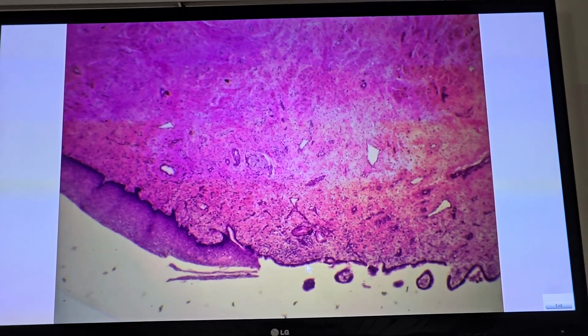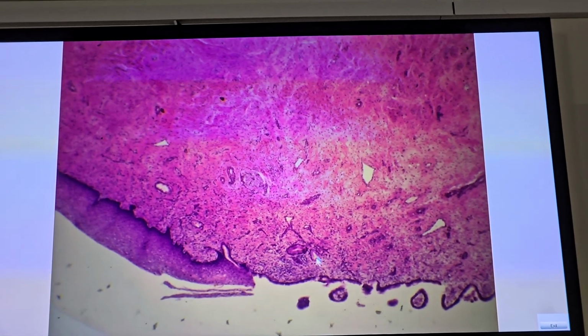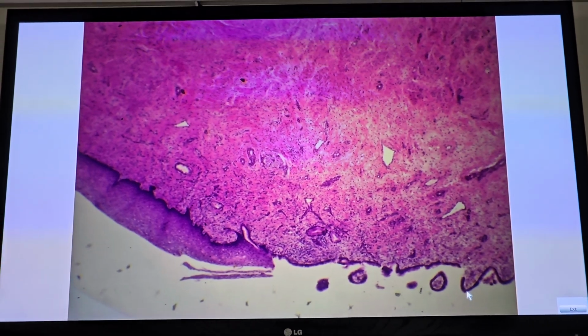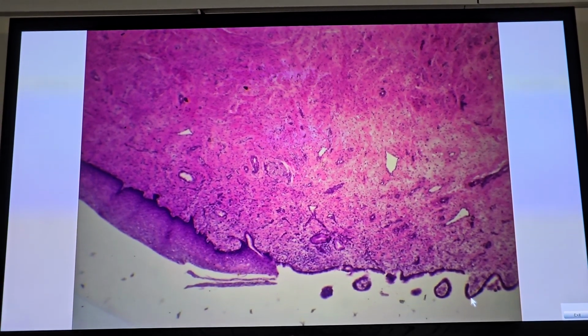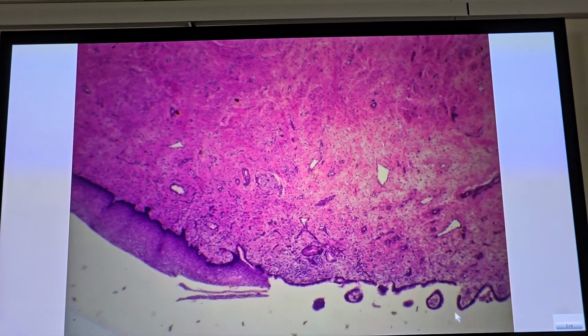Simple columnar epithelium, lamina propria with mucus secreting cervical glands. This projection of the endocervical mucosa called plica palmati.